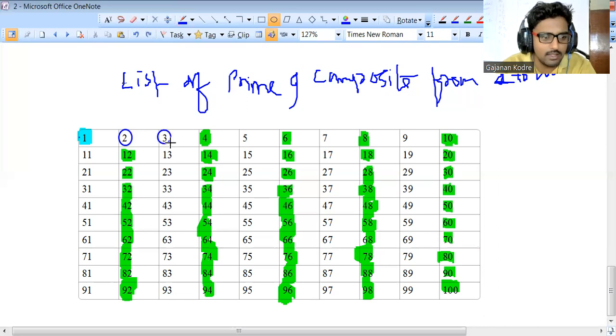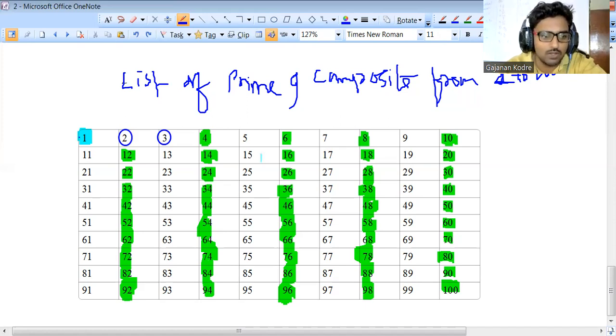Encircle 3 like this and cross out all the multiples of 3. So here again, instead of crossing out, I'm just going to use colors so that the numbers will be visible to me. You can cross out, but I wanted to see the numbers, that's why I'm not going for that.